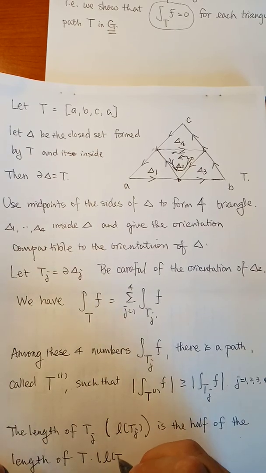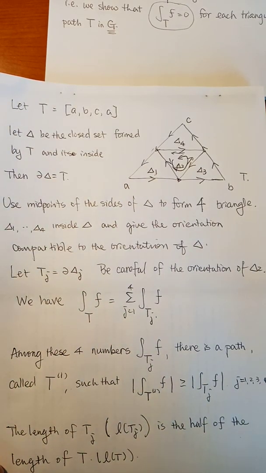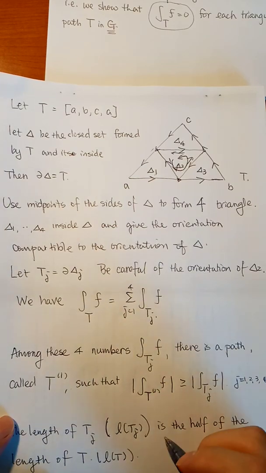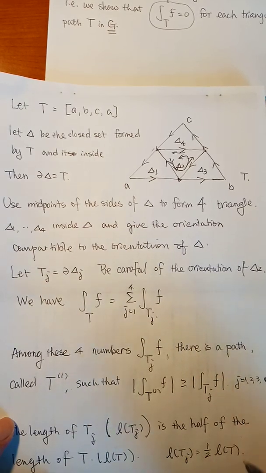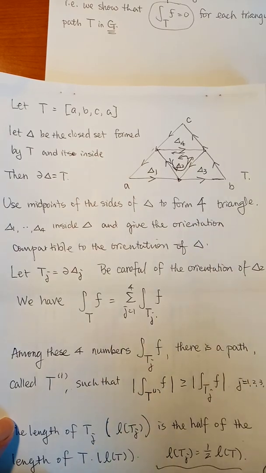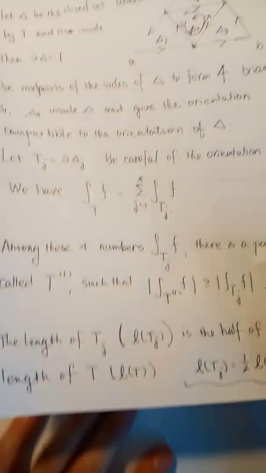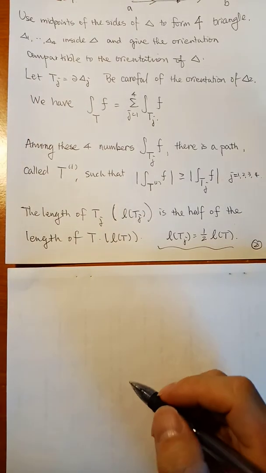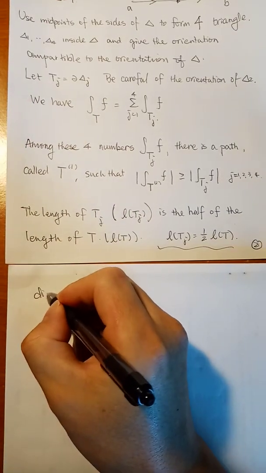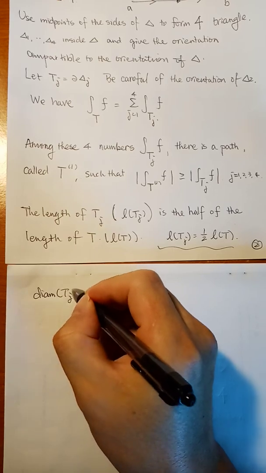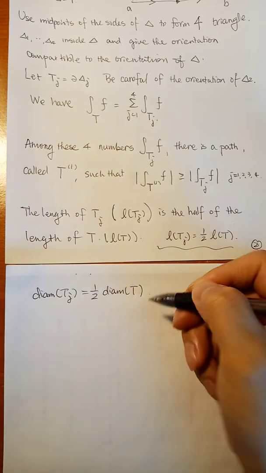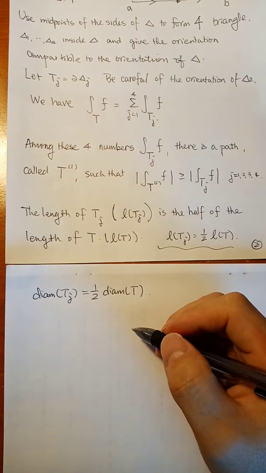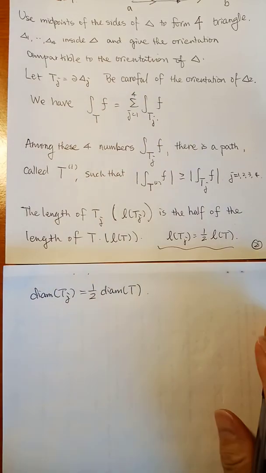And here we call it L of T, the length of T. So L of Tj is half of L of T. And the diameter of Tj is equal to half of the diameter of T.